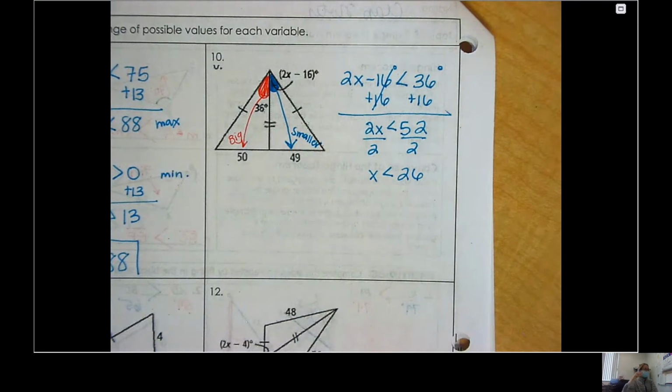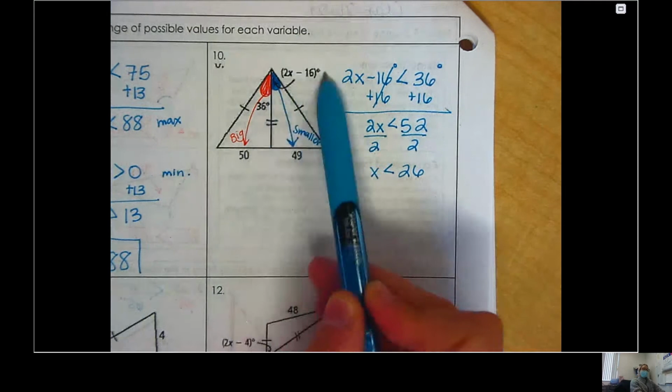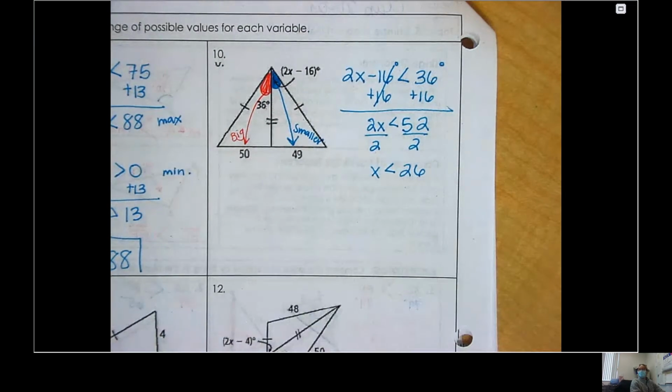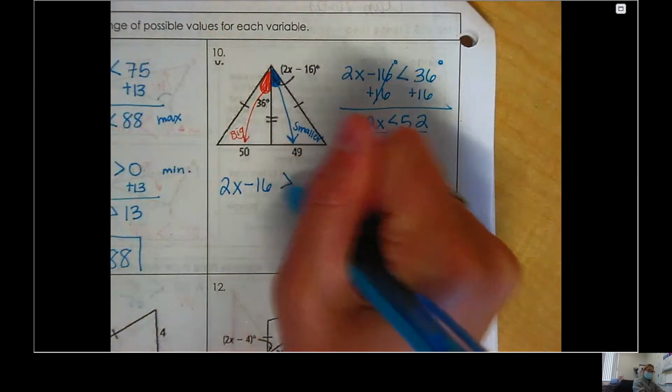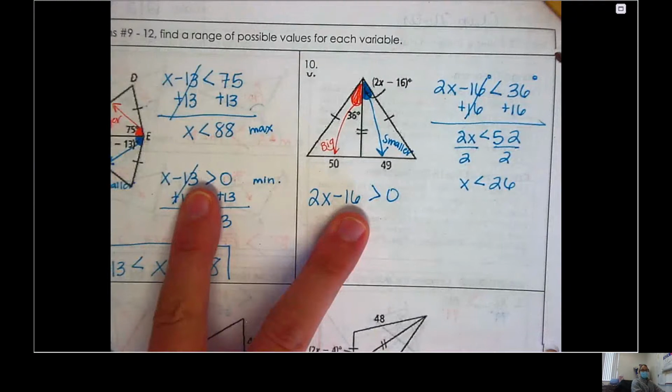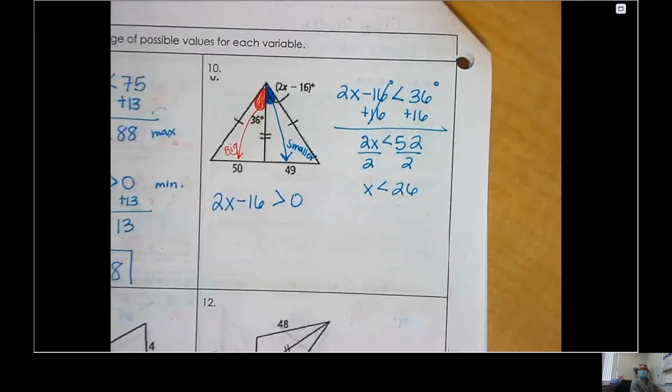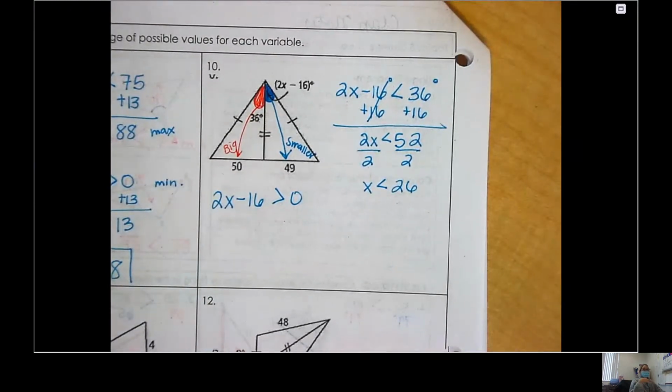In the last one, Victor told us what kind of numbers are we not allowed to have? Can't have negatives. So now I'm going to take this equation and make it greater than what? Has to be bigger than 0. So 2x minus 16 is greater than 0. You're always going to make it greater than 0 every time. Again, it's an algebra equation. What should I do first?